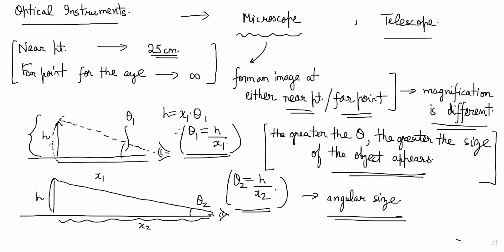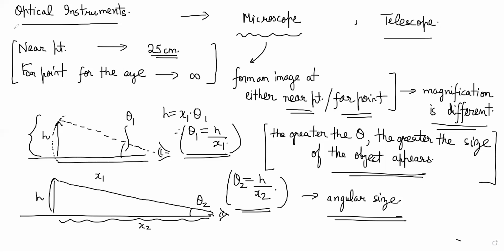This notion that what is the angle made by the object at the eye, and that denotes its size. So once you have the two angular sizes without the instrument and with the instrument, then you can compare that to get the magnification. The ratio of those two sizes would be your magnification, right?